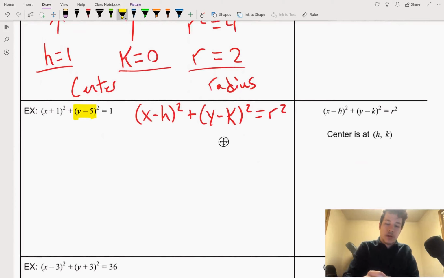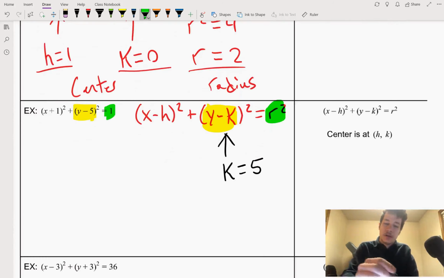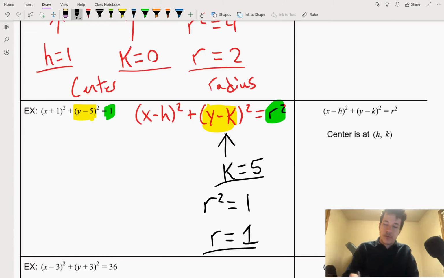For example, y minus 5 is y minus k. We can just quickly deduce k has to be 5. We can also find out that r squared is 1. r squared equals 1. The square root of 1 is just 1. So we have those two pieces of key information there and there.